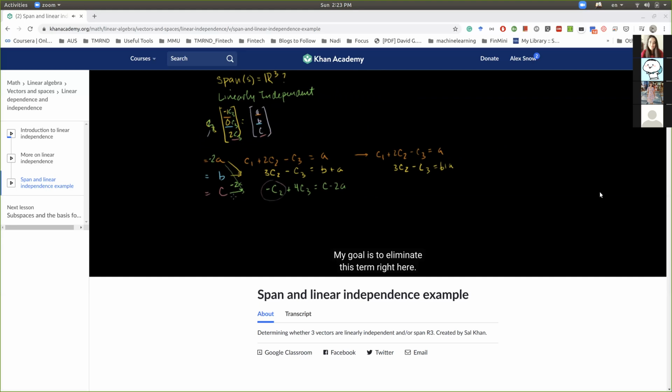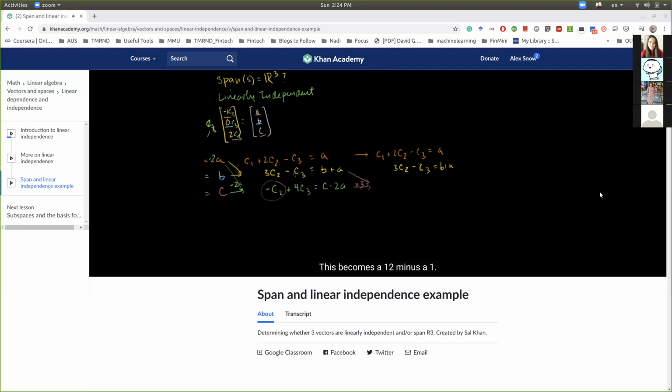So what I want to do is multiply this bottom equation times 3 and add it to this middle equation to eliminate this term right here. So if I multiply this bottom equation times 3, actually, I don't want to make things messier. So this becomes a minus 3 plus a 3, so those cancel out. This becomes a 12 minus a 1, right?